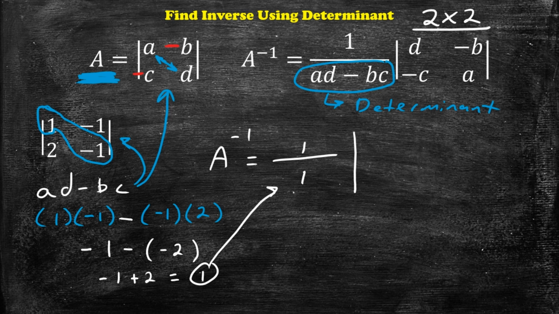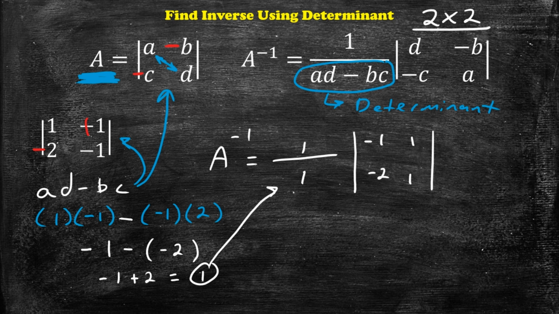So we're going to switch those spots. So -1 is on top and +1 is on the bottom. And now what we do to find B and C is we just change the signs. So this 1 is going to be a +1, and this 2 is going to be a -2. All right, so that's going to be 1 and -2.